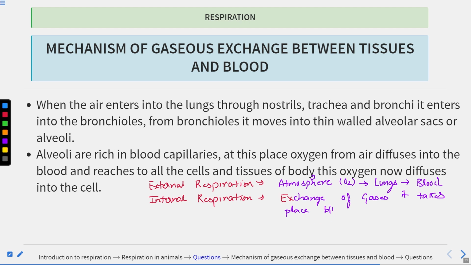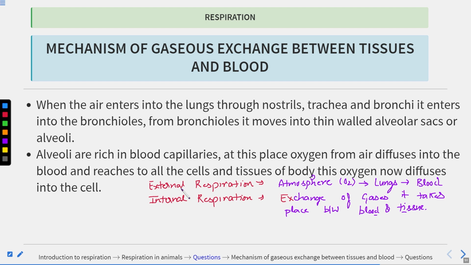Clear? So here we'll be studying the mechanism of gaseous exchange between the tissue and the blood, and that's why we call it internal respiration.